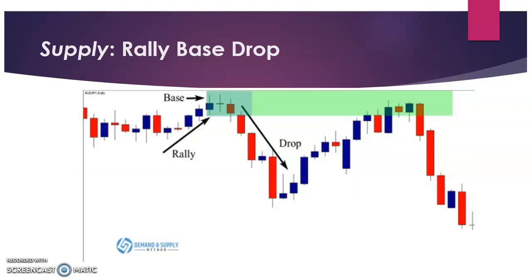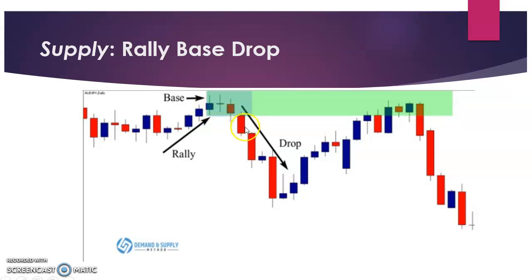Now, this is another example of rally base drop. You can see that price was on the rise, though with small bodied candles, but we can't deny the fact that price generally was moving to the upside.